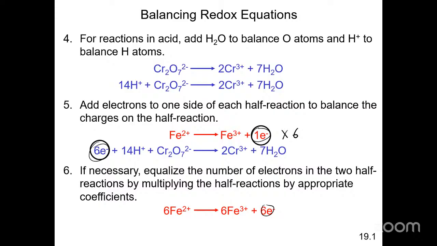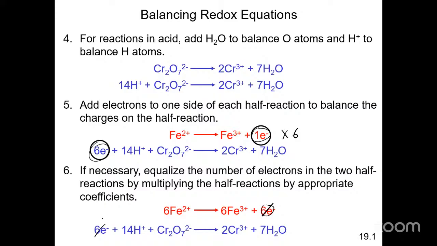And then the next step is you add these 2 equations together. As we saw in previous problems on different topics, whenever you add equations together, you cancel out common items on both sides. In this particular case, the common item is the 6 electrons. All the electrons must be canceled out in order for you to get the final answer.